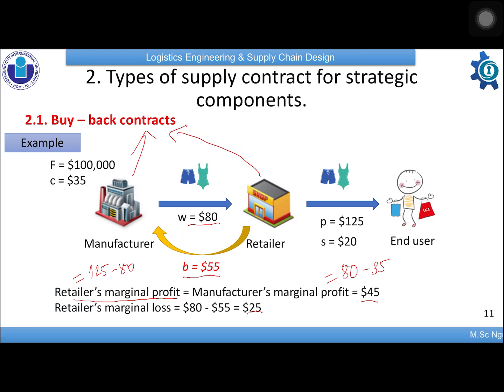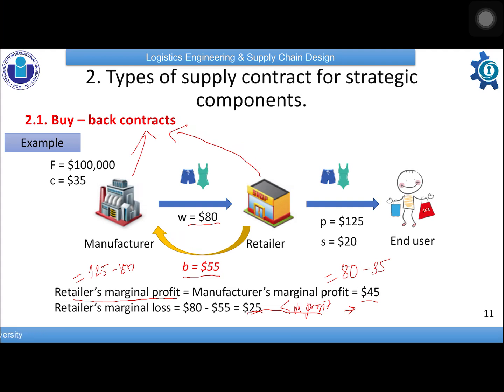Here we can see the marginal loss of the retailer is less than the retailer marginal profit, right? So that's why they have incentive to order more.